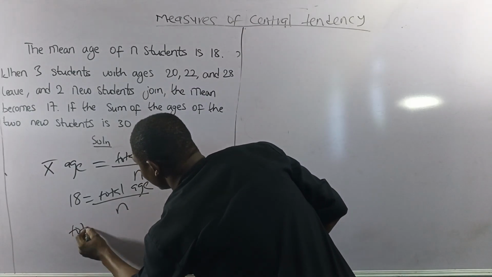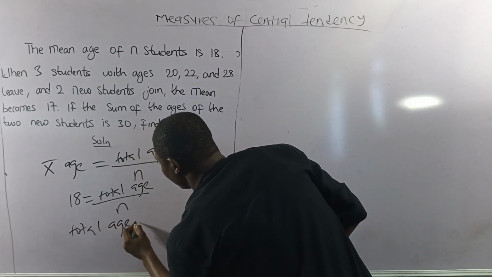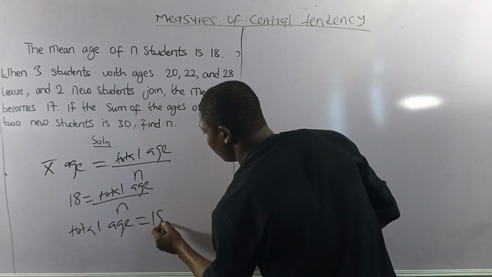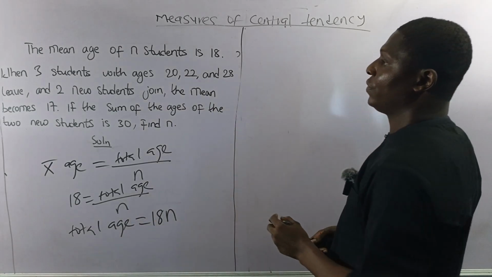Now we have total age to be equal to 18 times n, which will give me 18n.